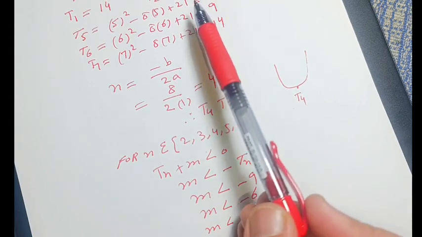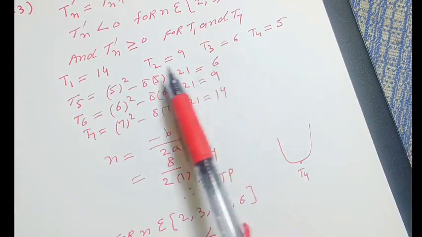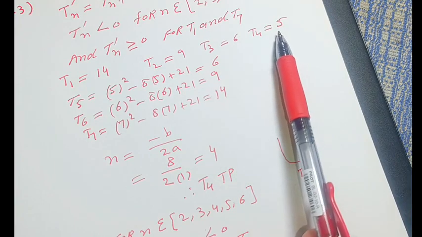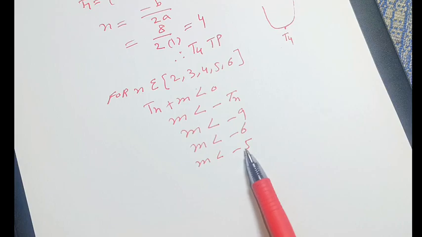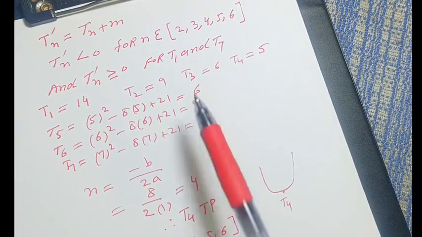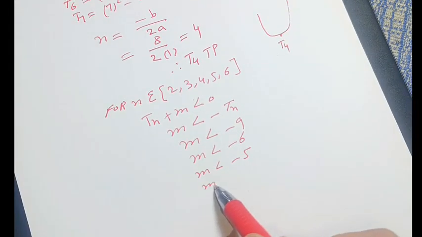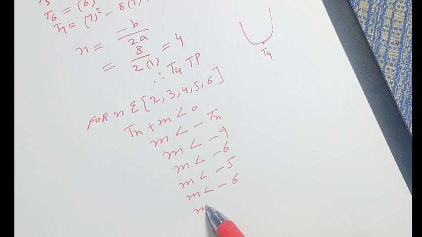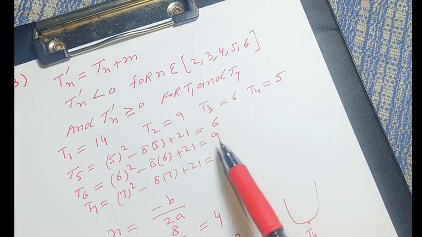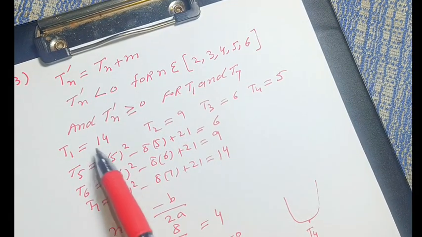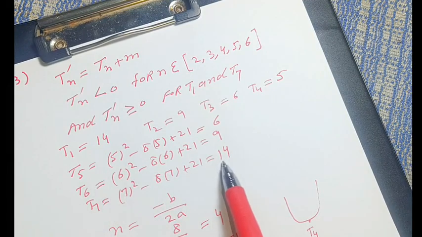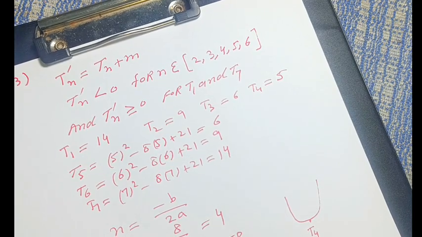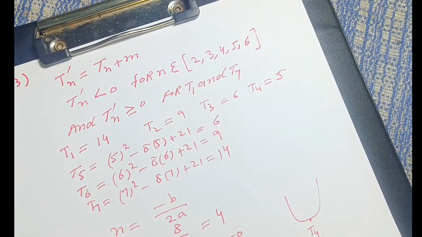Now we are here, so m is less than negative 5. Now here m again is less than negative 6. Again here m is less than negative 9. Can you see? The 14, T1 and T7 are not included, because between term 1 and term 7 the quadratic sequence will have negative values.